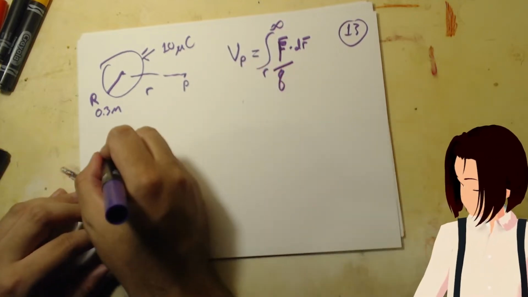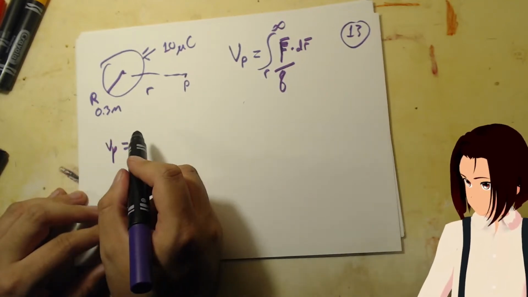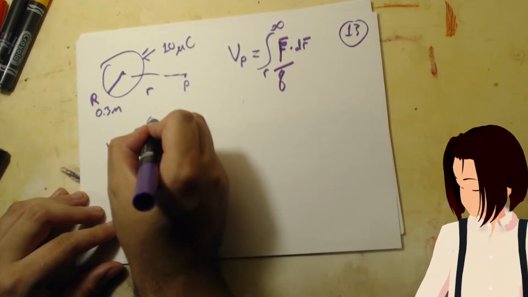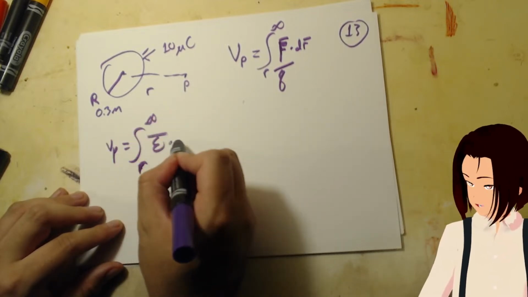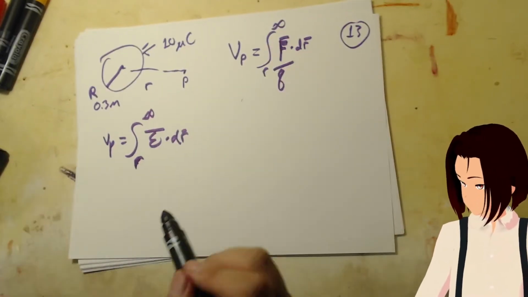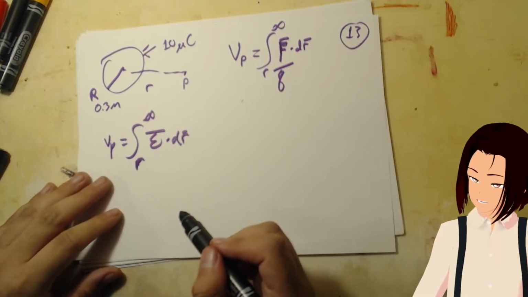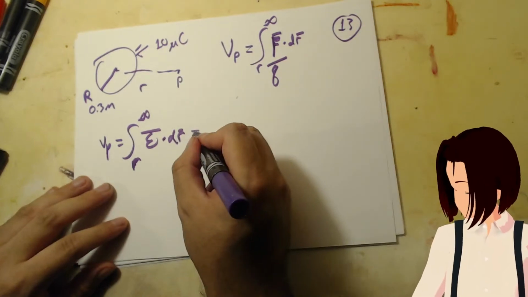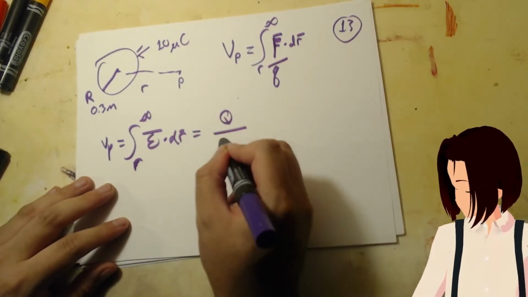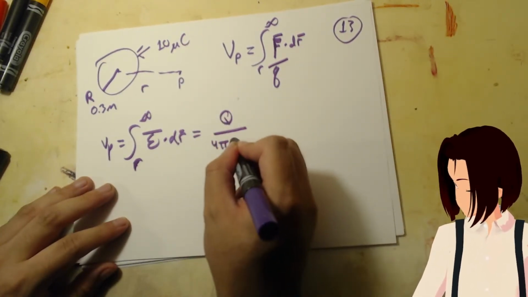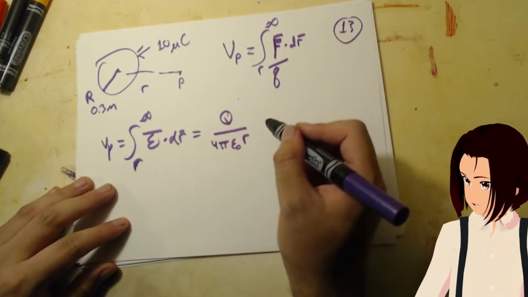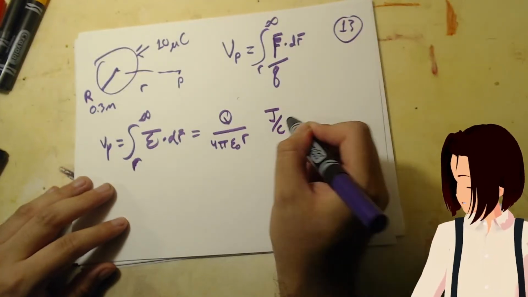So written another way, we get the integral from little r of electric field dot dr. And that gives us charge over 4 pi epsilon naught r, whatever the r would be, in joules per coulomb.